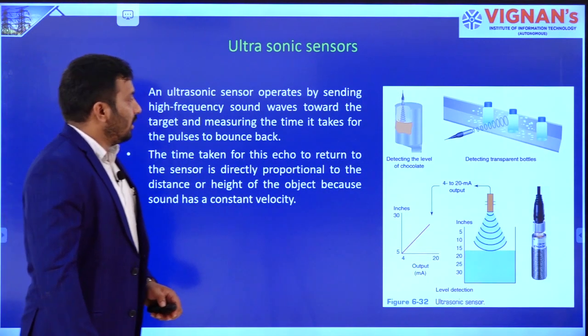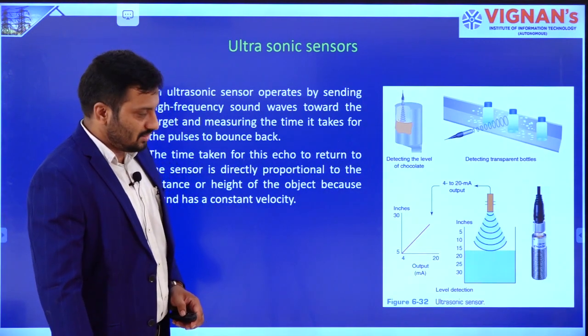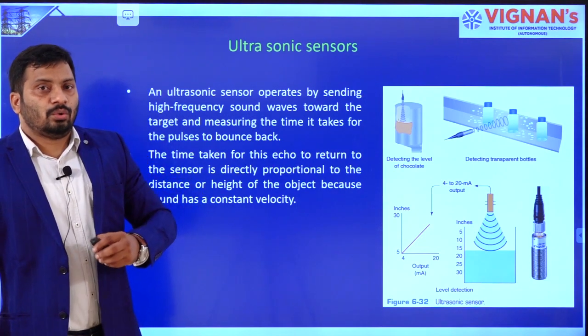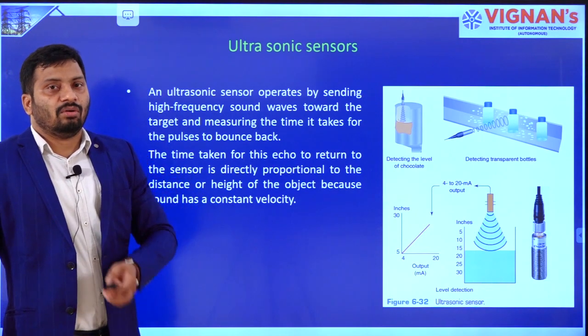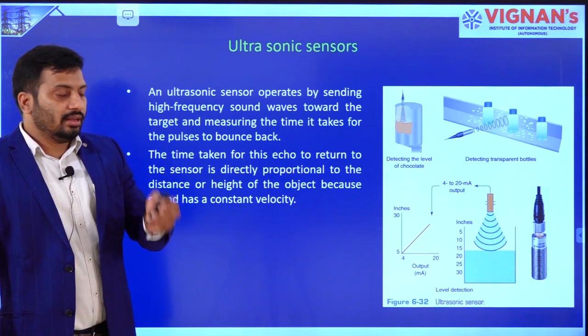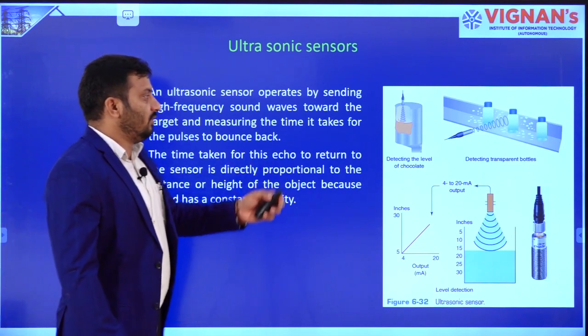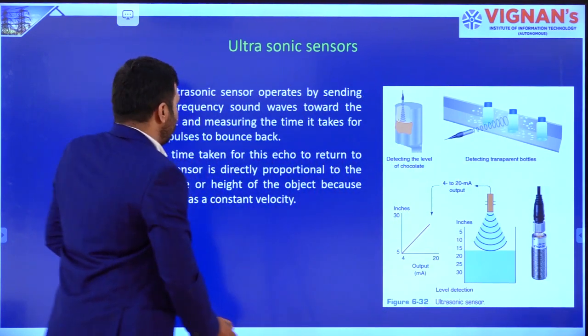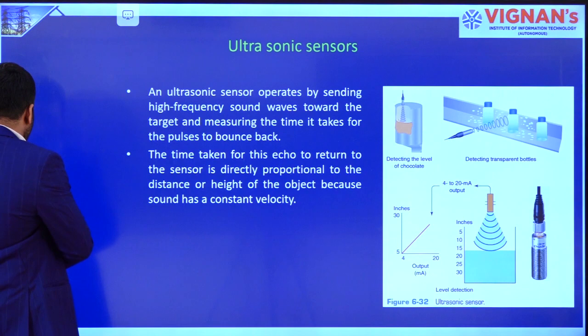The other one is the ultrasonic sensor. Ultrasonic sensors use sound energy to measure the level of liquid in a tank or the level of liquid in bottles, right. So, where are they normally used?